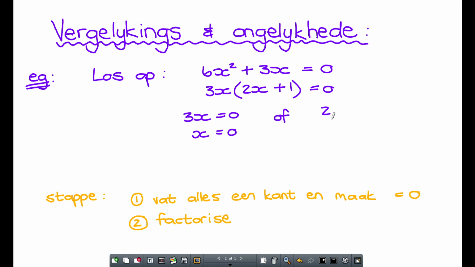Then we make the 2x plus 1 equal to 0. En ek skryf nou baie stappe. You guys are probably skipping a lot of these, which is still fine. So x will be minus a half. Is julle reg?